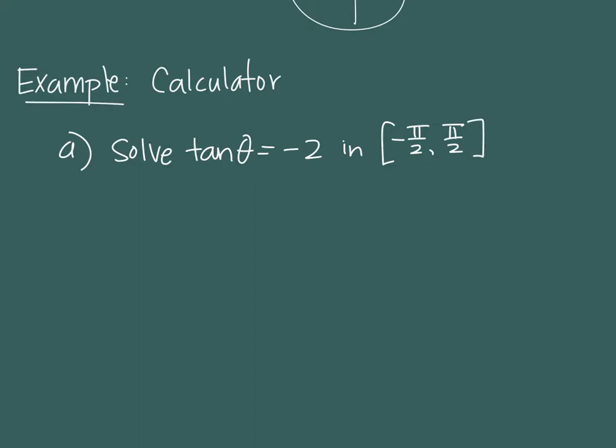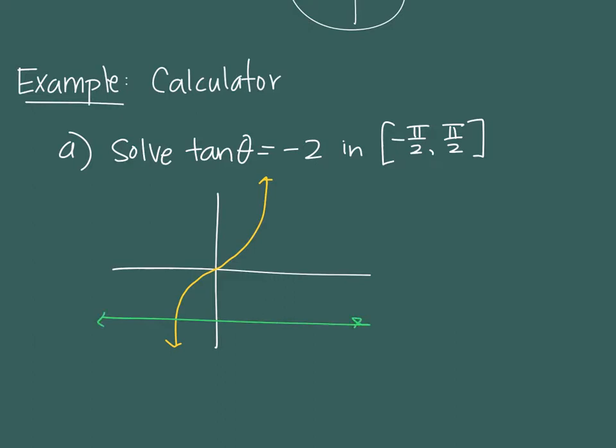You'll solve that the best way with graphing, I think, because when you make your graph and then have a horizontal line at -2, you'll be able to find the intersection as the value. And because it's limited to -pi/2 to pi/2, we only are worried about one cycle.